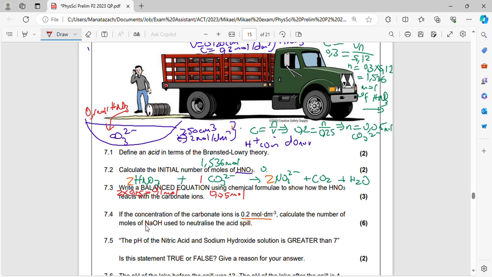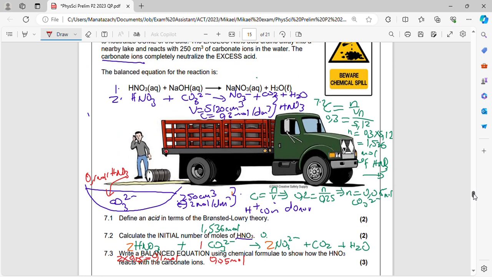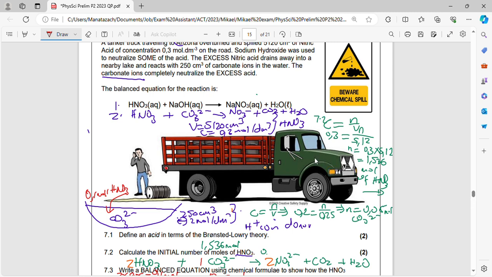The question is regarding sodium hydroxide. Okay, now to get back to sodium hydroxide, we know that the initial number of moles in total for nitric acid was 1.536 initially. Out of that, 1.536 managed to react with sodium hydroxide. So how much of it did react? It was 1.536 mole minus the one that spilled into the lake, 0.1 mole.